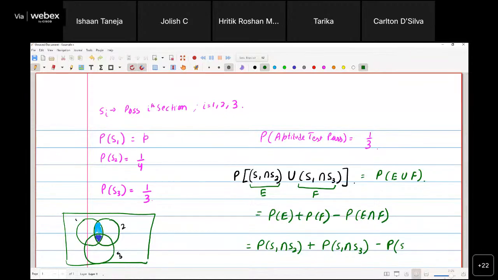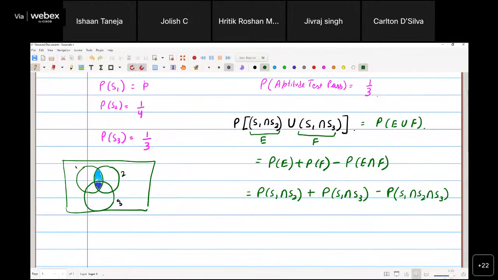Intersection of all S1, S2, and S3, all three, right? And we know that these events are independent, so I can simply write it as probability of S1 times probability of S2, plus probability of S1 times probability of S3, minus probability of S1, probability of S2, probability of S3.